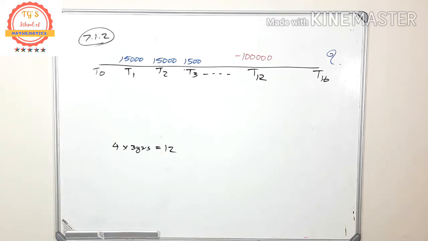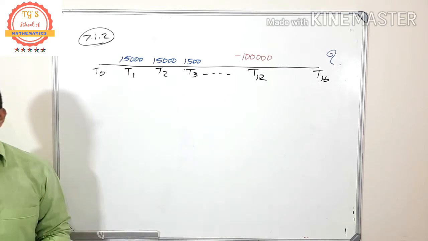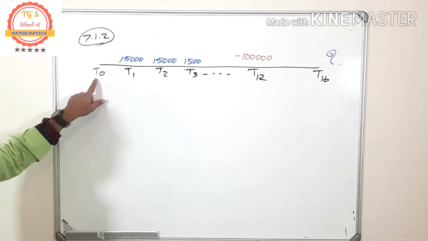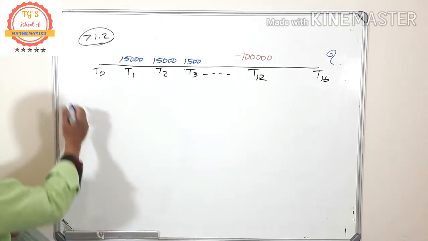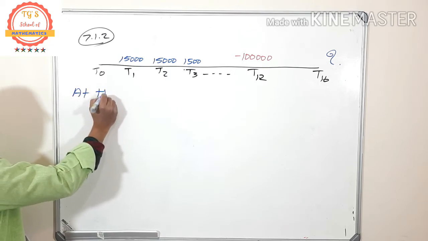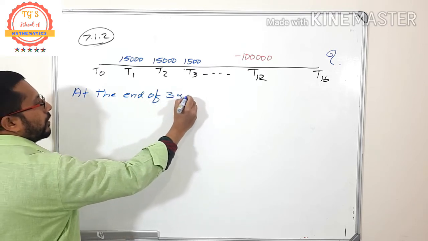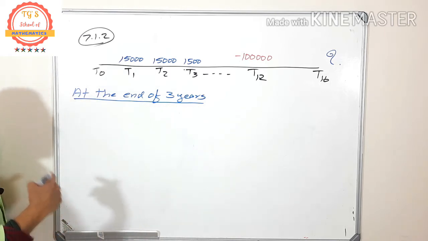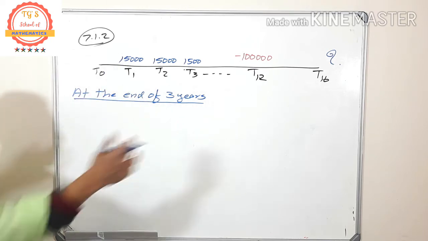So what I am going to do is find how much will be in her account after 3 years. At the end of 3 years, how much will be in her account? That is what I am going to find. Which formula must I apply? It's a future value, and at the end of 3 years that's a future amount.